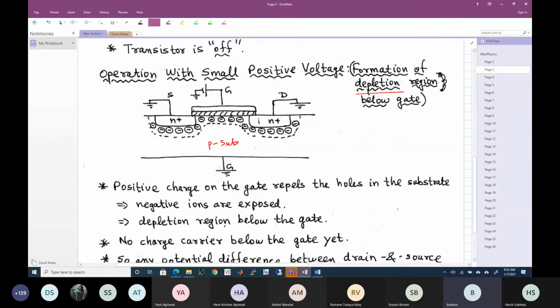Once you repel them, you end up with the ions. The depletion region that was already there extends below the gate. Below the gate you have a depletion region, and there is another depletion region because of the PN junction.